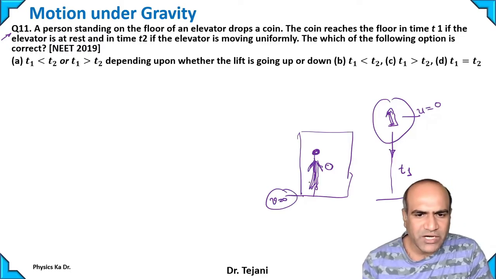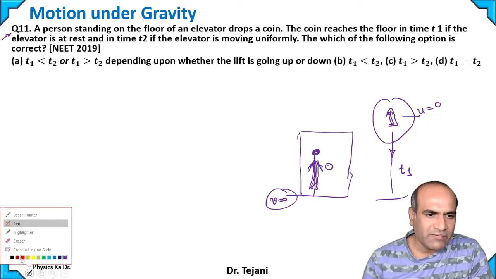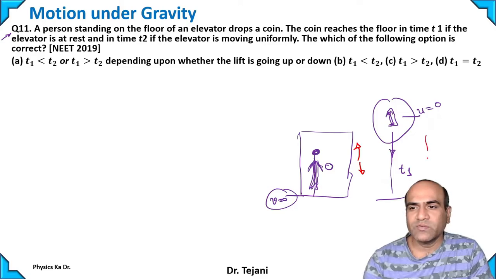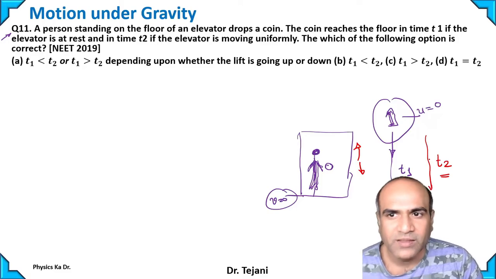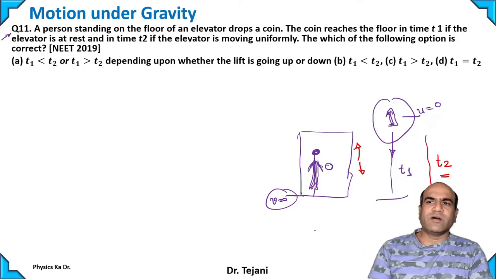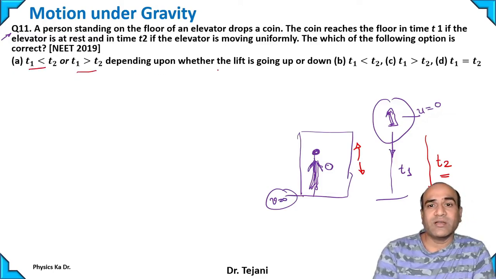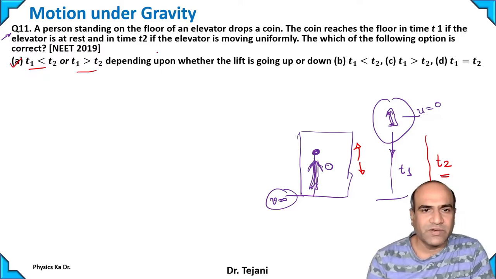And the time t2 is when the elevator is moving, maybe upward or downward direction, it is not mentioned. Which of the following options is true? Time taken is less, greater, depending upon whether the lift is going up or down.